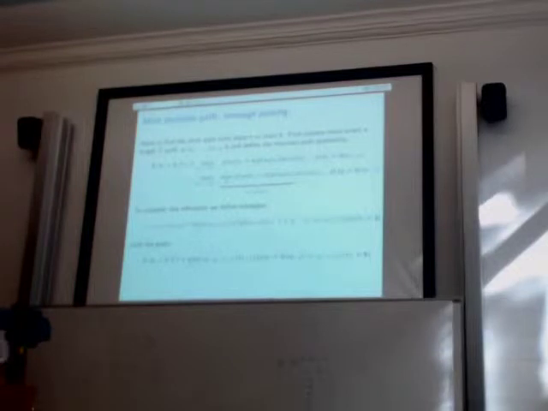Okay, let's try to solve the most probable path problem. So I want to find the path from, say, state A to state B in this Markov chain. First of all, I'm going to make an assumption that I know the length of the most probable path. We'll relax that. So let's say it's a t length path.